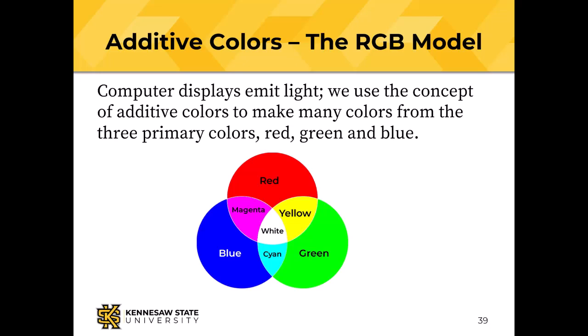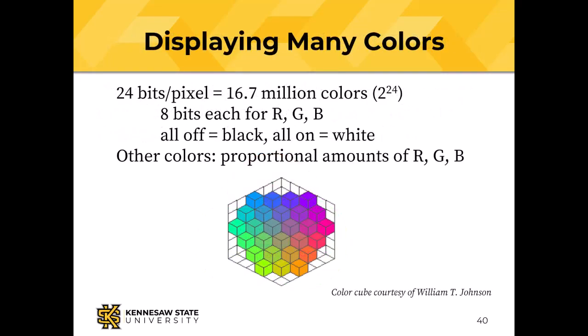As you can see on the slide, red and blue together make magenta, red and green together make yellow, green and blue make cyan, that kind of turquoise color, and all three together in equal proportion give us white or a shade of gray. By varying the proportions of each of red, green, and blue, 8 bits each for red, green, and blue, 24 bits for each pixel, I can get all 16.7 million colors.